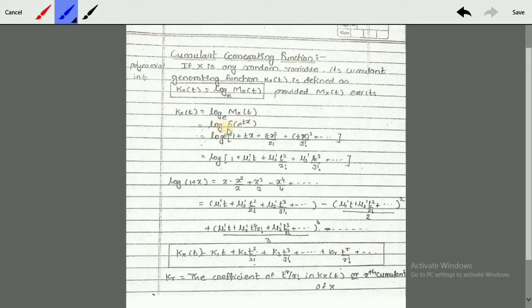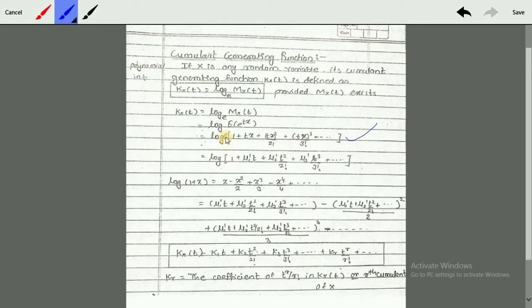So it becomes log of expectation of e raised to tx. And we know that the function e raised to tx can be written as 1 plus tx plus t square x square upon 2 factorial plus t cube x cube upon 3 factorial and so on.